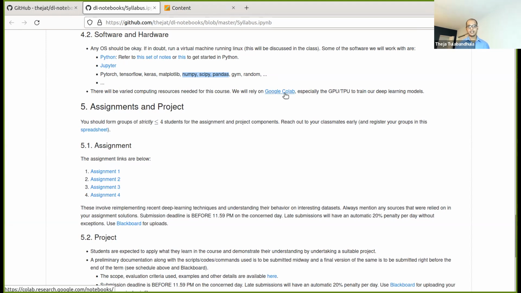You can click on that link, and as long as you have a Google account, for example, UIC uses Google Workspace, you should be able to get free GPUs, which are graphics processing units, to train deep learning models. We'll discuss that. As you get to assignments 1 and 2, you will want to use a GPU. If you have access to a local GPU, that's great. But we can discuss that more.